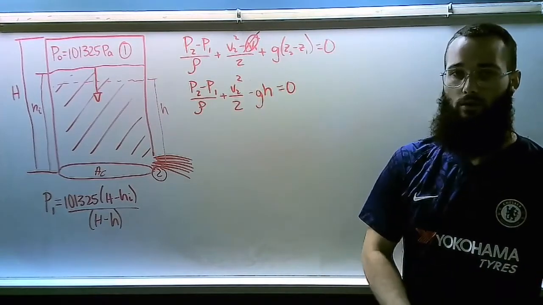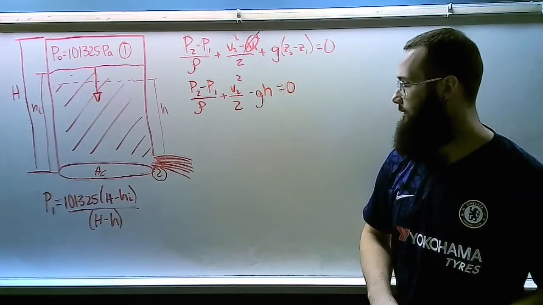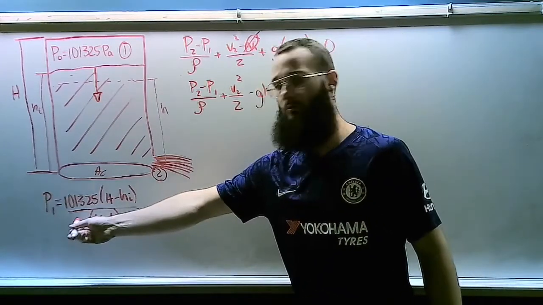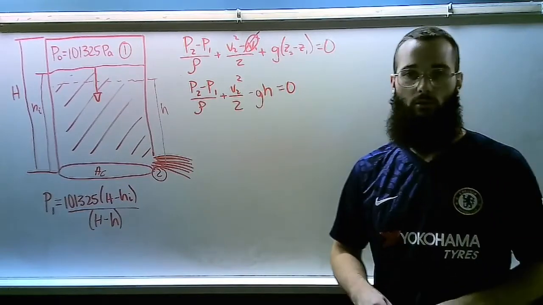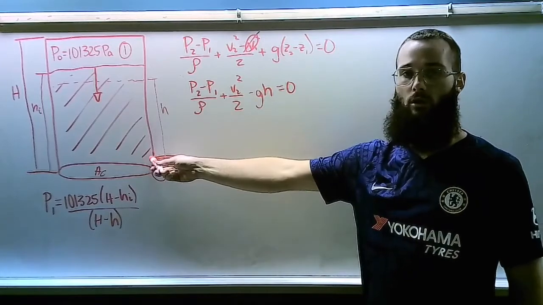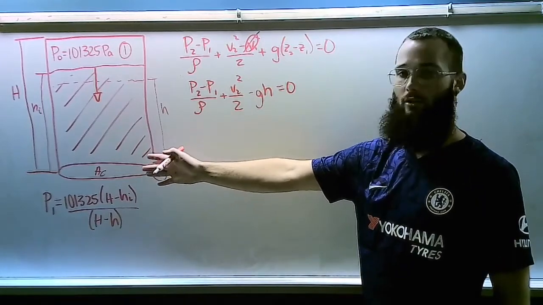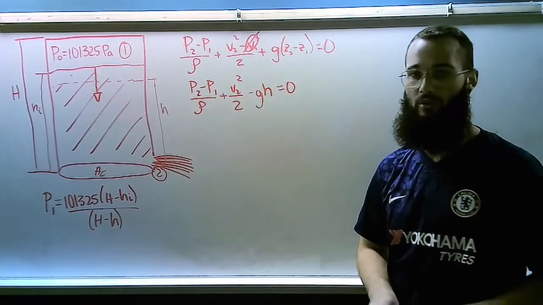And now we want to plug in P2 and P1. P1 we've already written this equation for. And P2 we can think of a little bit more conceptually. Because this cross-sectional area is so small, it's going to go through a sudden expansion as it enters the open system.